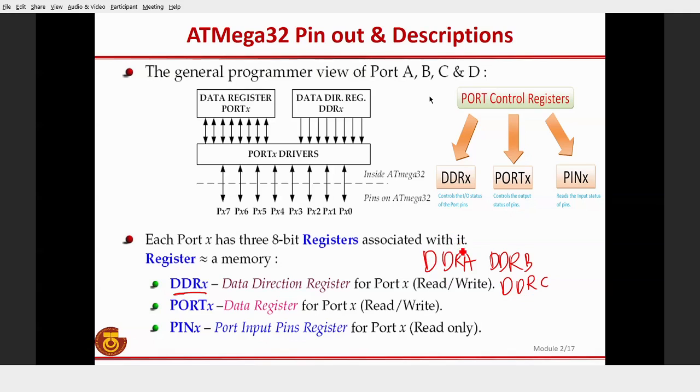Okay, we need, at first, when we want to use the port, to define the direction, whether to read or to write in port A. So when we use port A, port B, port C, port D, we need to use also DDR-A, DDR-B, DDR-C, meaning that we need to use this register to define it. What is it used for?